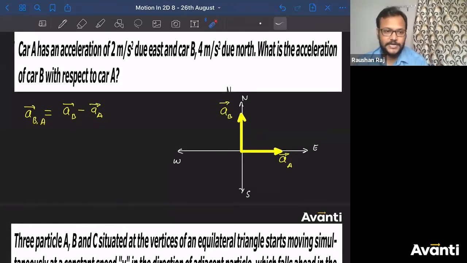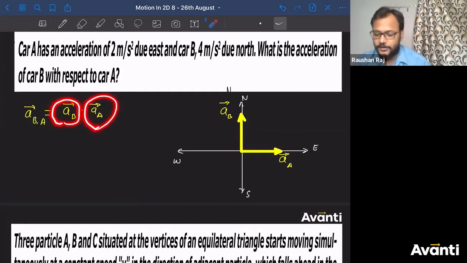If you remember the vectors class, you'll understand it. I have drawn them. Then consider the head of the first vector and the tail of the second vector and draw the line.